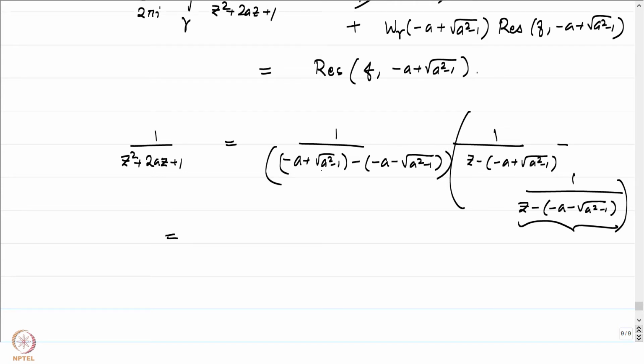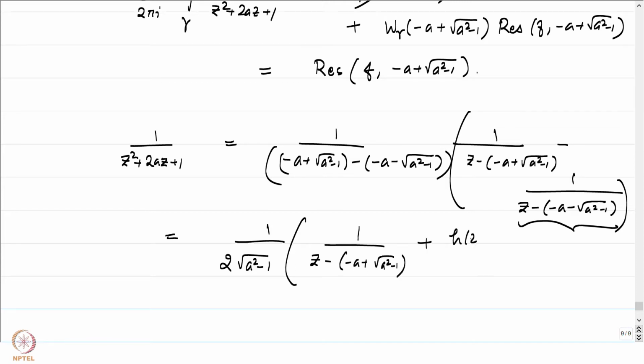This is minus a minus this, so this is going to be 1 by 2 times square root of a squared minus 1, into 1 by z minus (minus a plus square root of a squared minus 1), plus a function h of z, which is holomorphic on the unit disk.